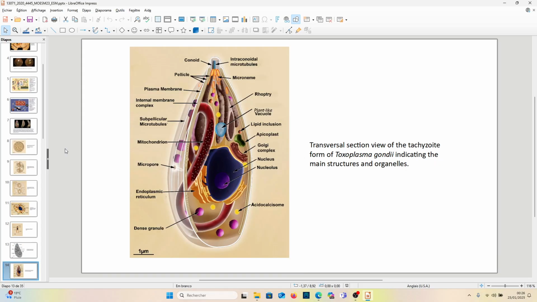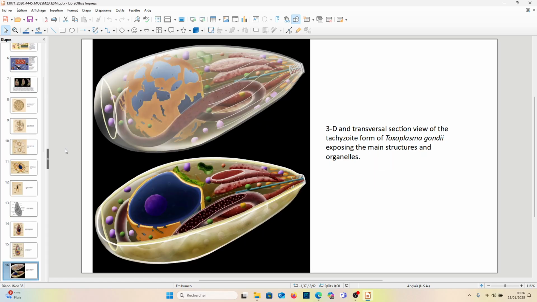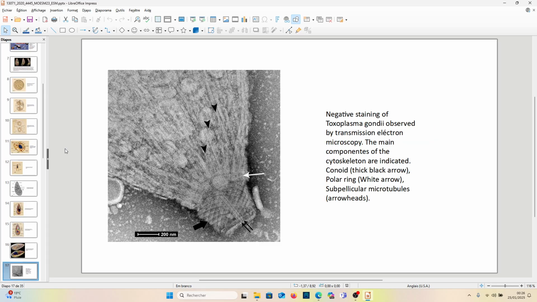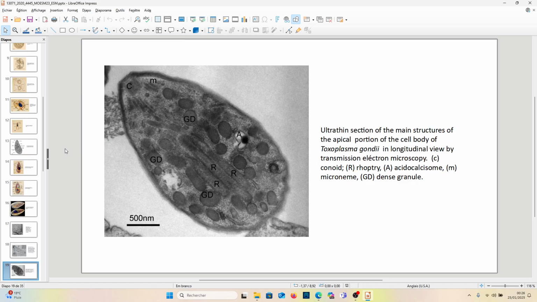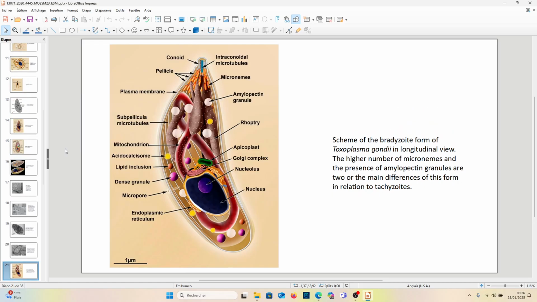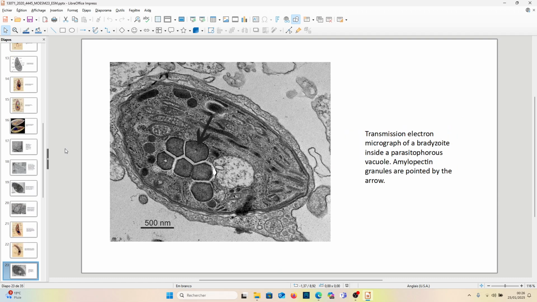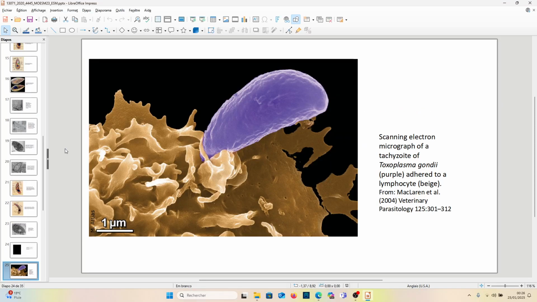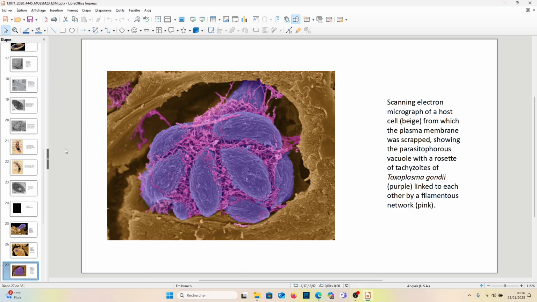Voilà. C'est quand même un organisme assez complexe. On a des images microscopiques de l'ordre de la centaine de nanomètres. Voilà.